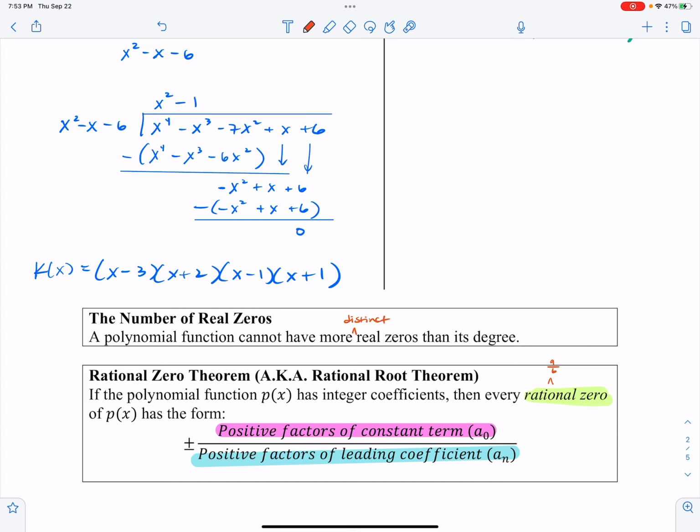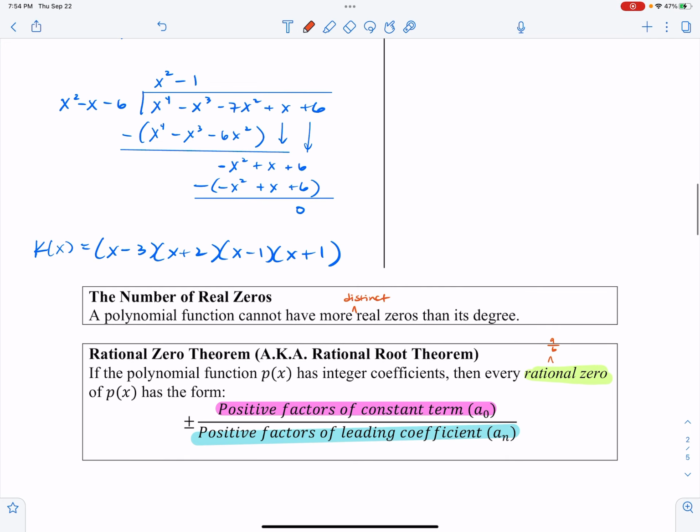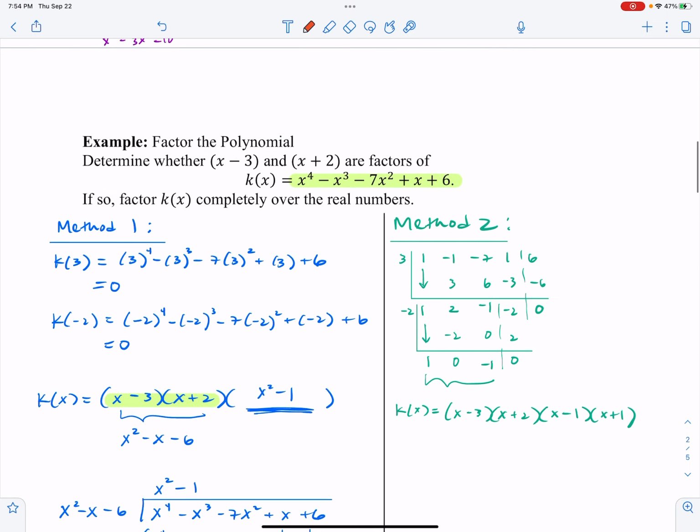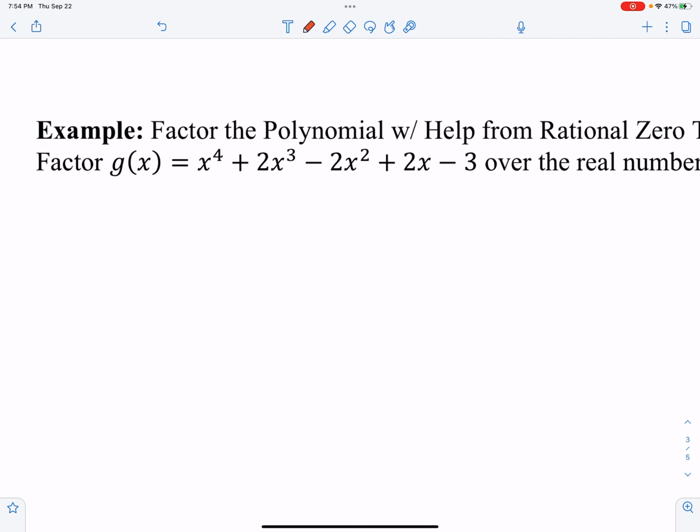So it really gives us kind of a starting point. And then we're putting this together with our factor theorem in order to help us determine what the actual real zeros of the polynomial are.